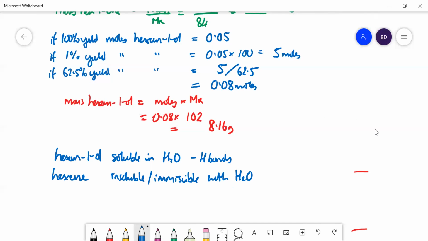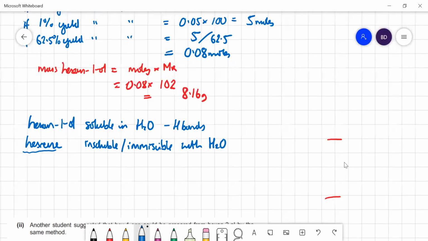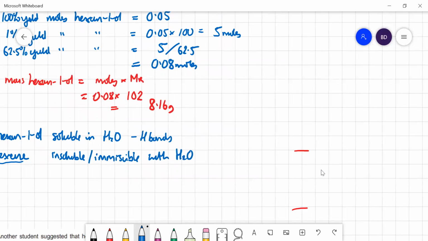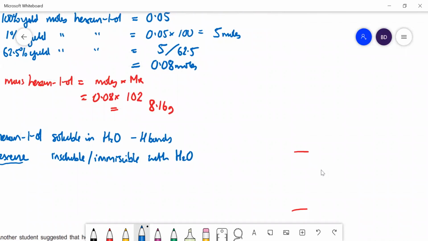So if you mix water with hex-1-ene, you're going to get 2 layers. So what you should do is get your hexan-1-ol and hex-1-ene mixture, I'll draw them like that.